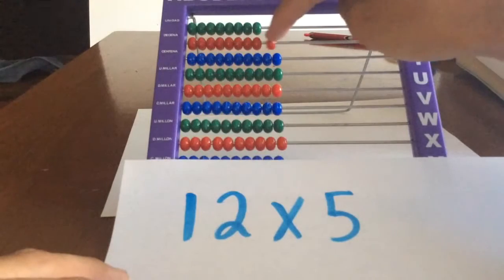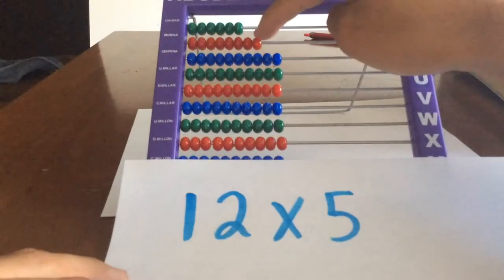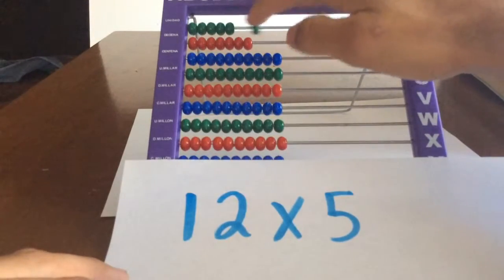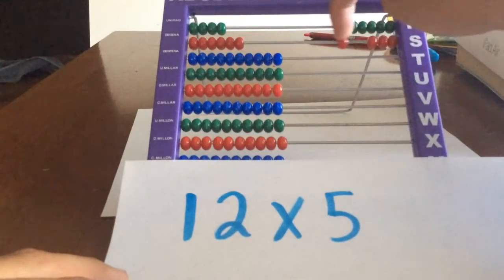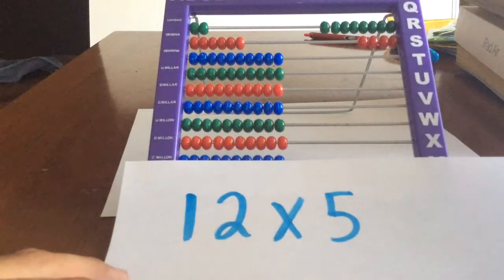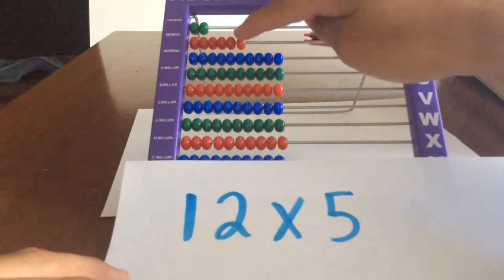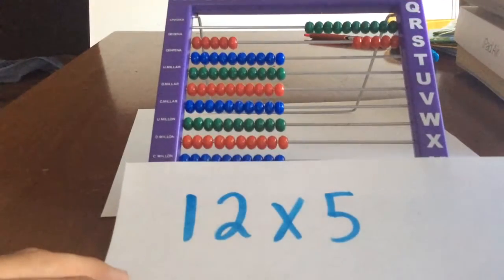Second 12. 1 ten, 1, 2. Third 12. 1 ten, 1, 2. Fourth 12. 1 ten, 1, 2. And the fifth 12. 1 ten, 2 ones.